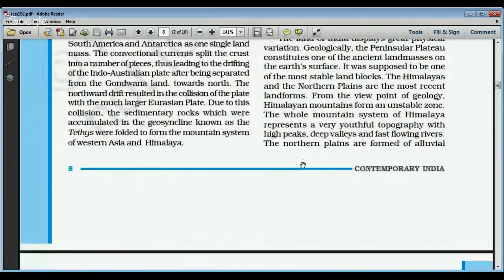And from the viewpoint of geology, the Himalayan mountains form an unstable zone because the convergent boundary is sometimes active.